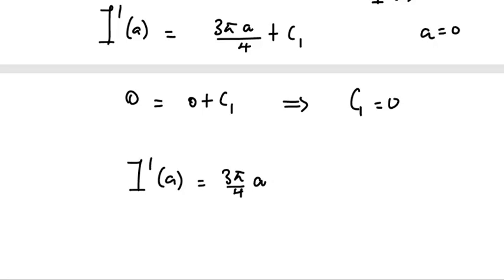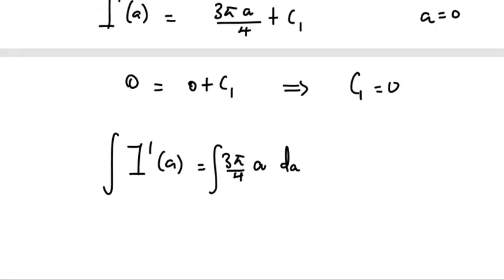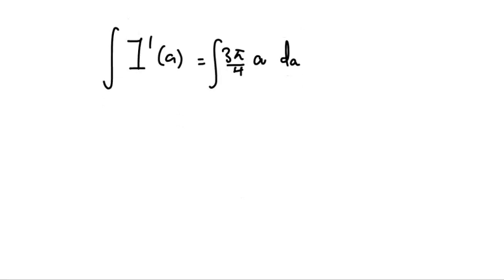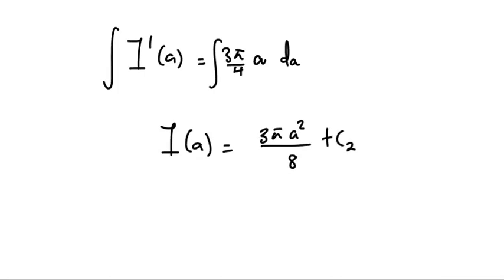Okay, so we integrate both sides again, and at the left-hand side here we just have I of a, which is equal to 3 pi multiplied by a squared divided by 2 times 4, that is 8, plus c2. Remember again that I of 0 is equal to 0.